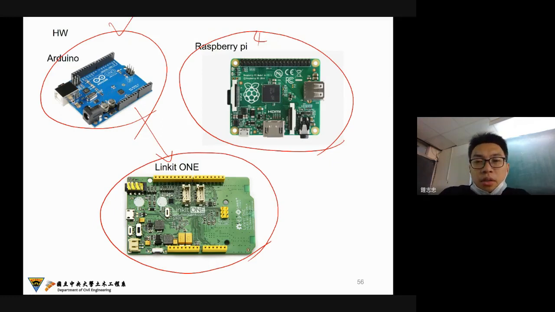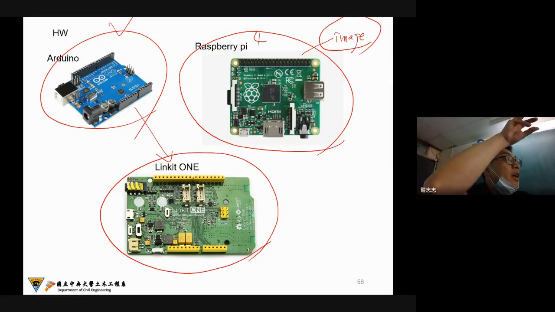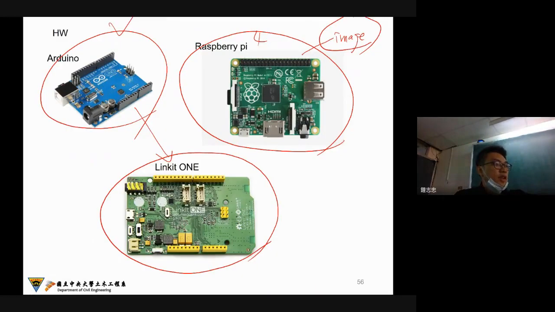So this kind of single board is much more suitable for image processing, especially if you try to use CCTV or a camera, for some purposes. So I would like to say this is the very basic of signal processing.